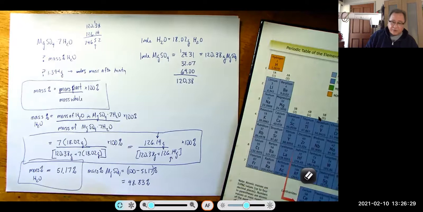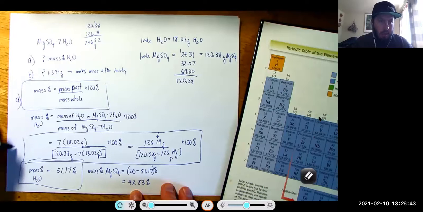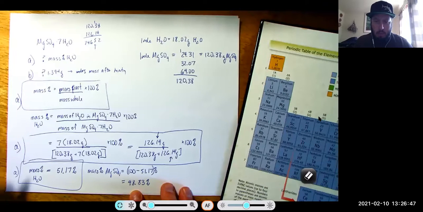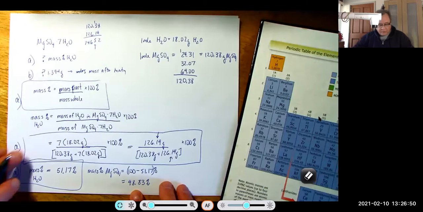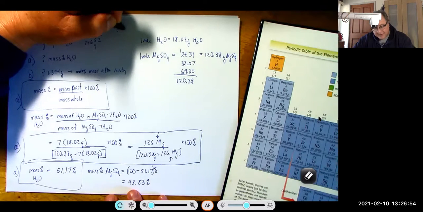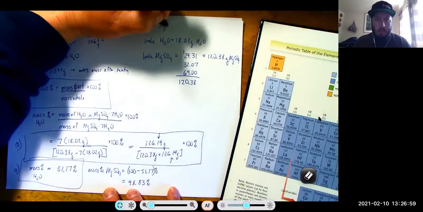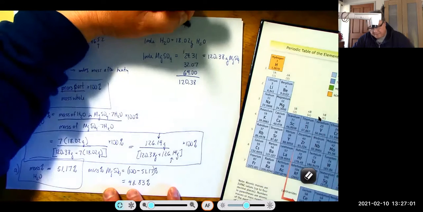Any questions about this one right here? Okay, so once it's heated, then it has been dehydrated. Is that what we're assuming? So if we draw out the reaction, we have MgSO4·7H2O turns into MgSO4 plus 7H2O.